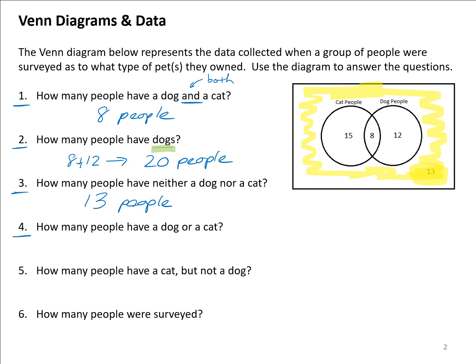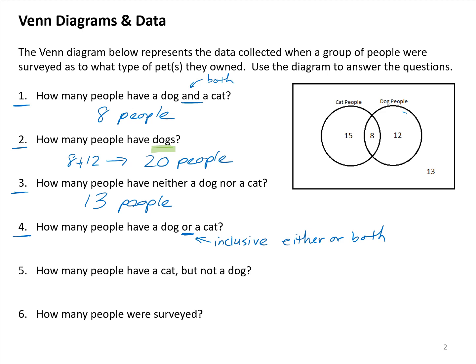All right, next, number 4, how many people have a cat or a dog? And I said that backwards, have a dog or a cat. Remember, or in mathematics is what we would consider inclusive. What that means is you can have a dog or a cat or both. So either or both. So if I were to start to highlight either or both, I'll start with dogs.